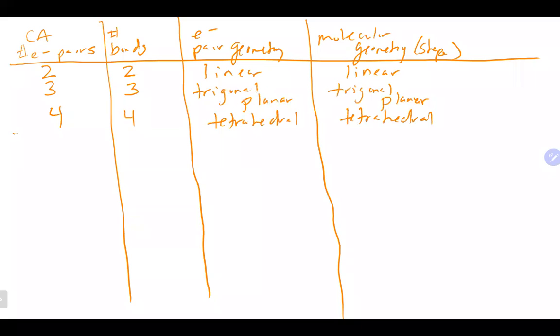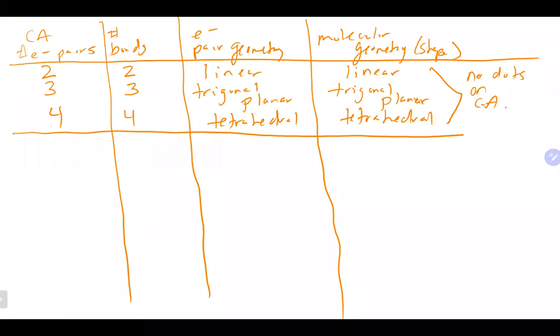Now, up until this point, when you would draw your Lewis structure, there would be no dots on the center atom. So the central atom should have no dots. Both of the names would be the same. Then we get into our 3 electron pairs and only 2 bonds, like the SO2 that we were just talking about. 3 electron pairs would be trigonal planar. And that would be our angular.